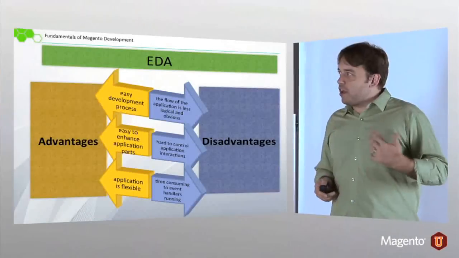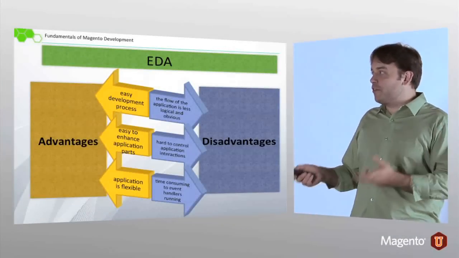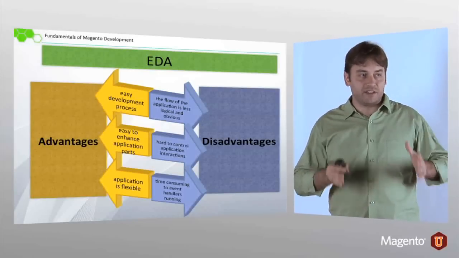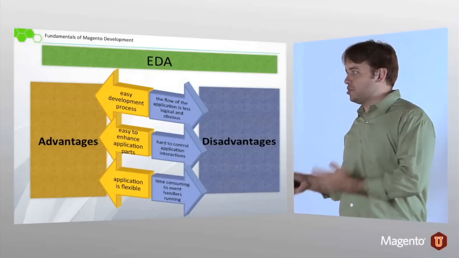It may not be immediately apparent from stepping through the code. So it's just another place that you have to debug. That's the big disadvantage. The other disadvantage is that having this system dispatching events, checking to see if there are any observers, is just more processing load.